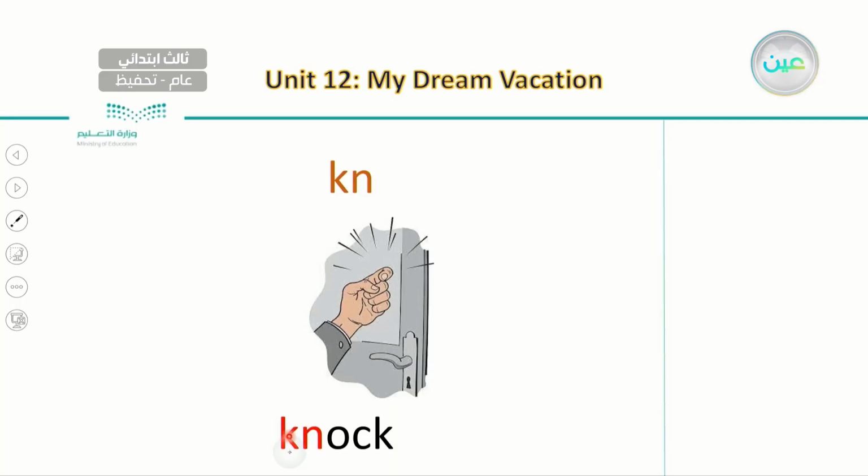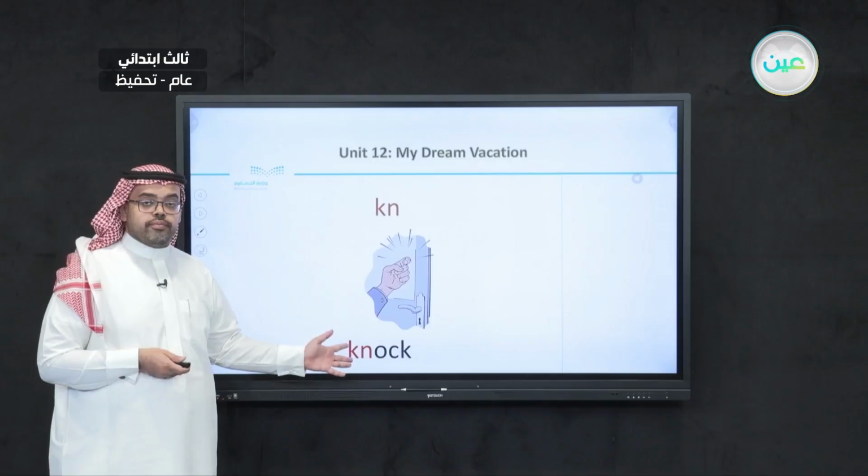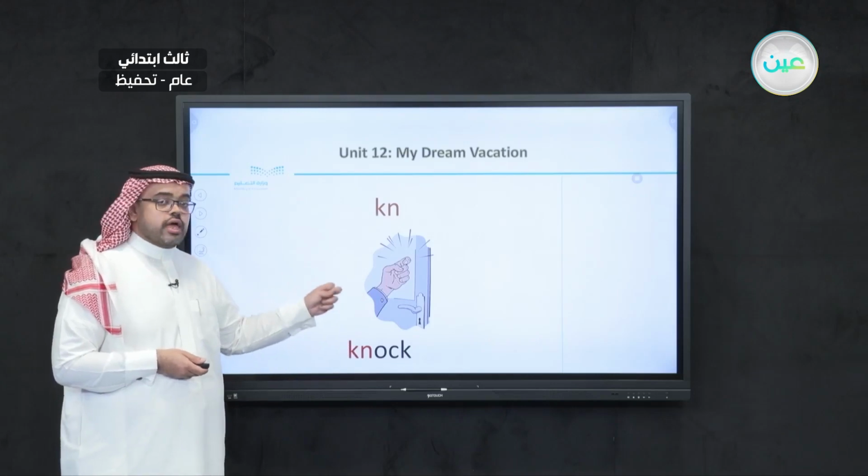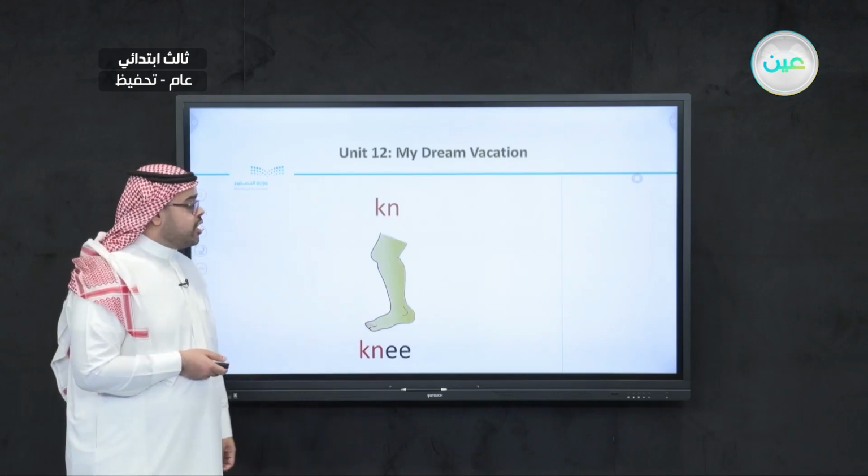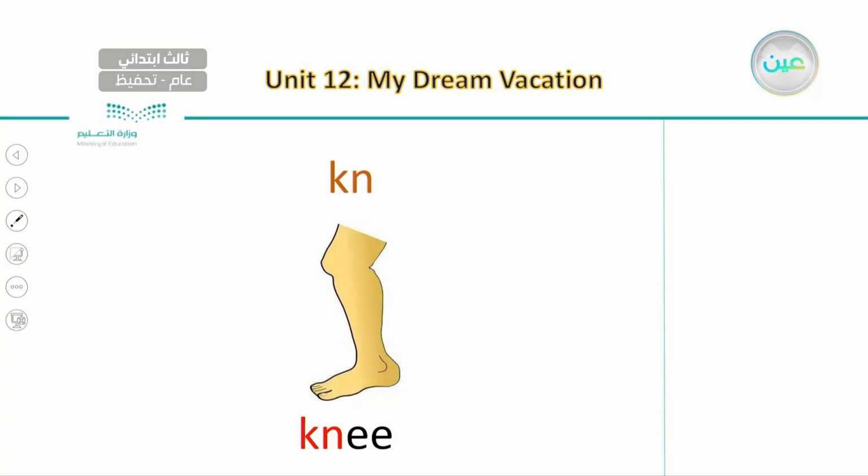Say after me, knock. This is how we keep this word silent. Knock, which is when you knock at the door. Now the other word, which is knee. Say after me, knee. Knee is this part of our body.